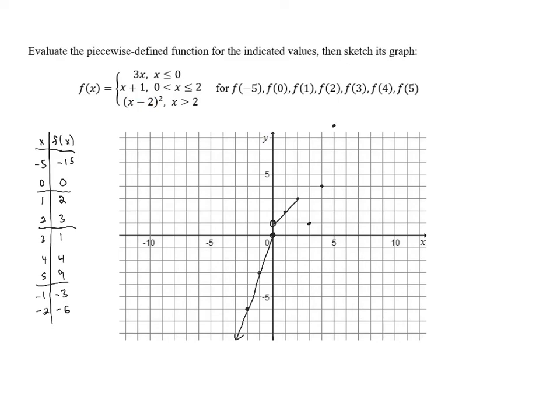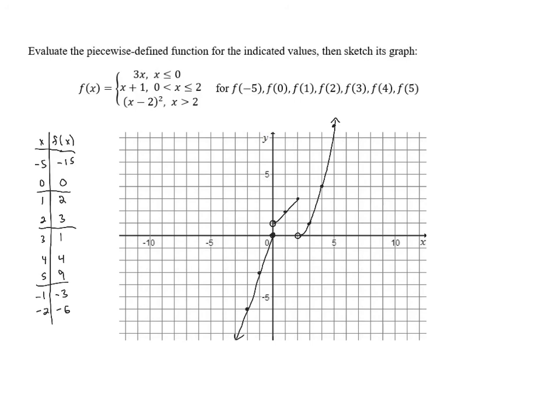So the end point of this piece of a parabola is going to be at the point (2, 0), but it's going to be an open circle because it's not included in that part of the domain. So it's not included on the graph. It's going to end up being our end point, but it's not actually a closed circle. It's not actually part of the graph.